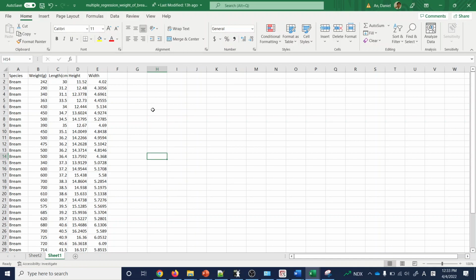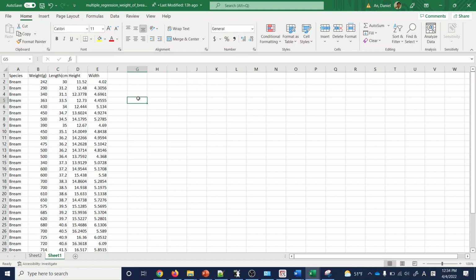They caught 35 breams, weighed them, measured their length, height, and width, and wanted to see how they are correlated. They wanted to see whether, knowing the height, width, and length, you can figure out its weight or predict its weight. So you can do this multiple linear regression.